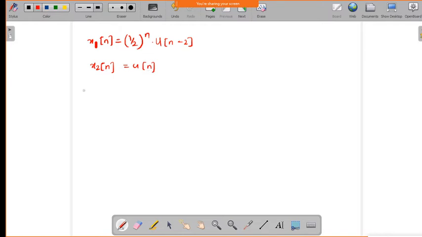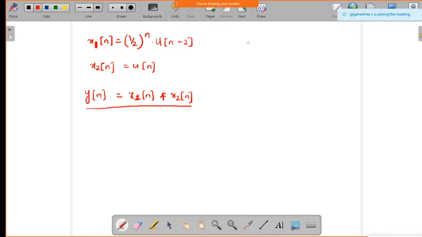They ask for the convolution of these two signals, that is x1 of n convolution x2 of n. We need to compute this one. Now draw x1 and x2 in terms of k, the index k.